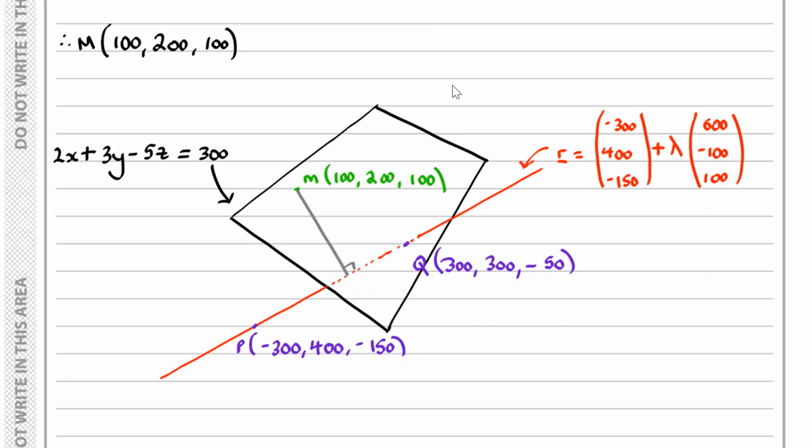If we call this point X, X would have coordinates minus 300 plus 600 lambda, 400 minus 100 lambda, minus 150 plus 100 lambda.